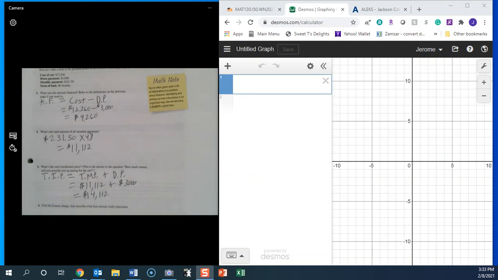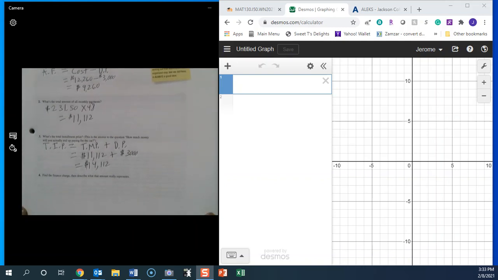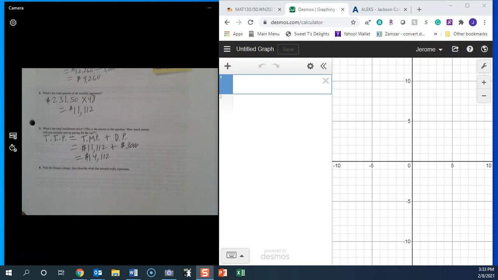Now we go here to number 4. It says find the finance charge, then describe what the amount really represents. So the finance charge, which I abbreviate as FC, is equal to the total installment price minus the cost. So the total installment price was $14,112 minus the cost.